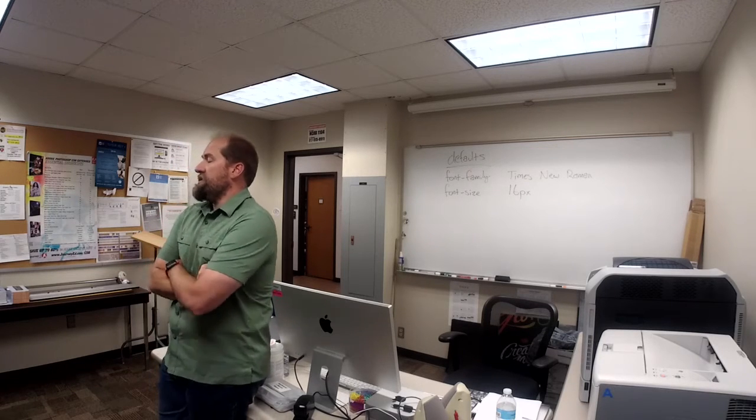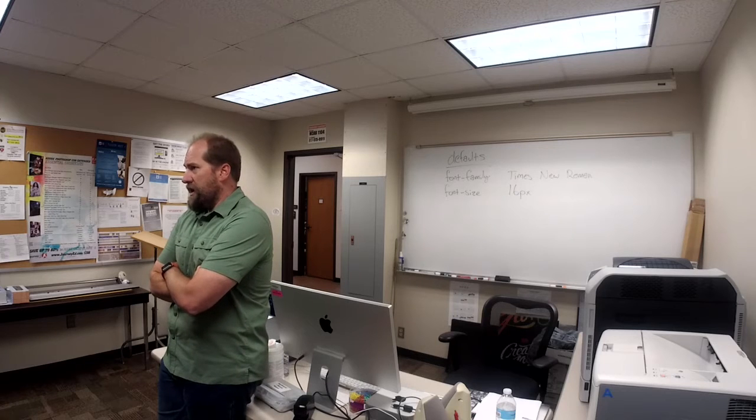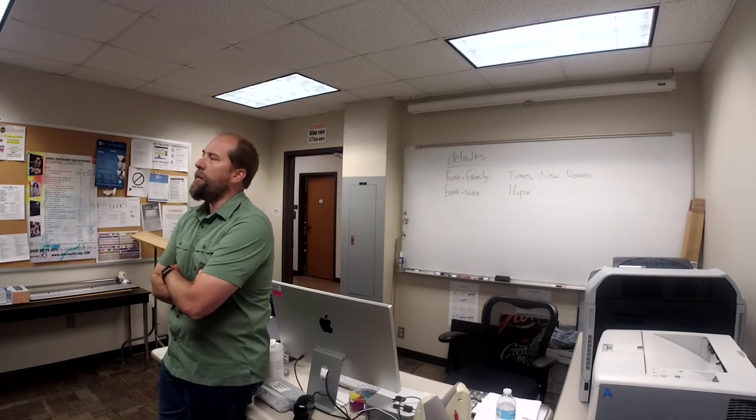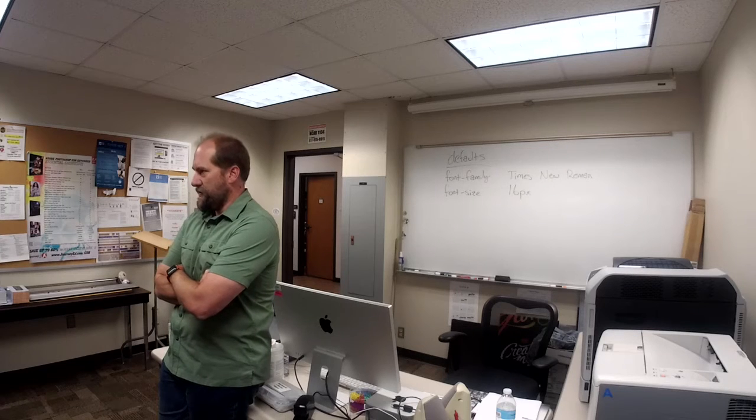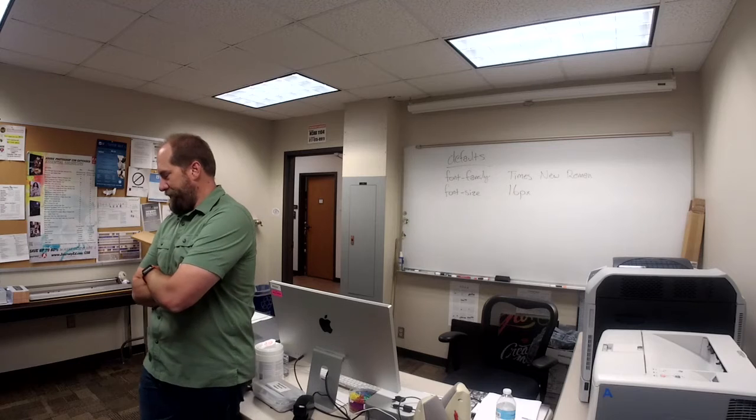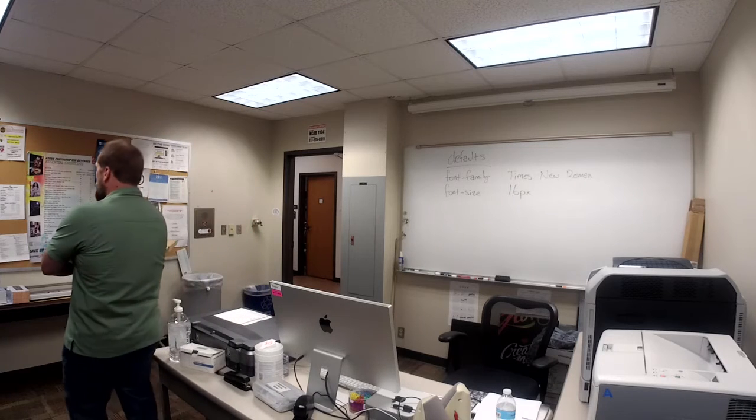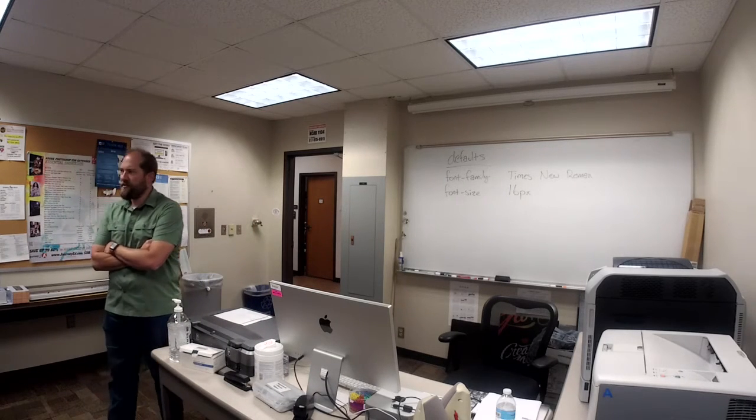Now again, we're going to do a deep dive into this on Monday, and there's something you need to understand about how pixels are actually rendered in different computers, because it's not all the same. But by default, and by the way, these defaults are all defined by the W3C.